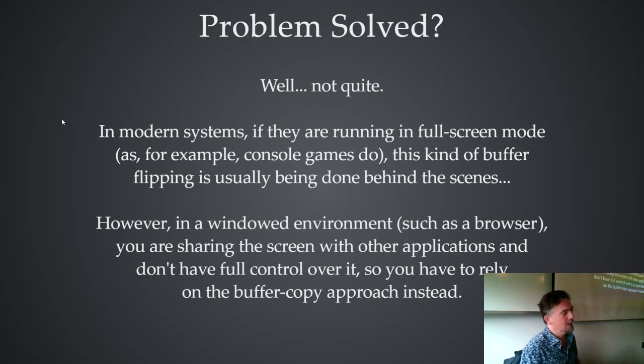But if you're in a windowed environment, let's say your game's running in a window, or in our case, you're running inside a web browser, you don't have control of the whole screen. Right? You're just one app of many, and you don't have global authority to write to the screen. And even if you did, you'd potentially have other apps that would also be wanting to do it, and you'd be fighting with each other as to who's in charge and who's getting to control the VBLANK. So you can't actually do it that way.